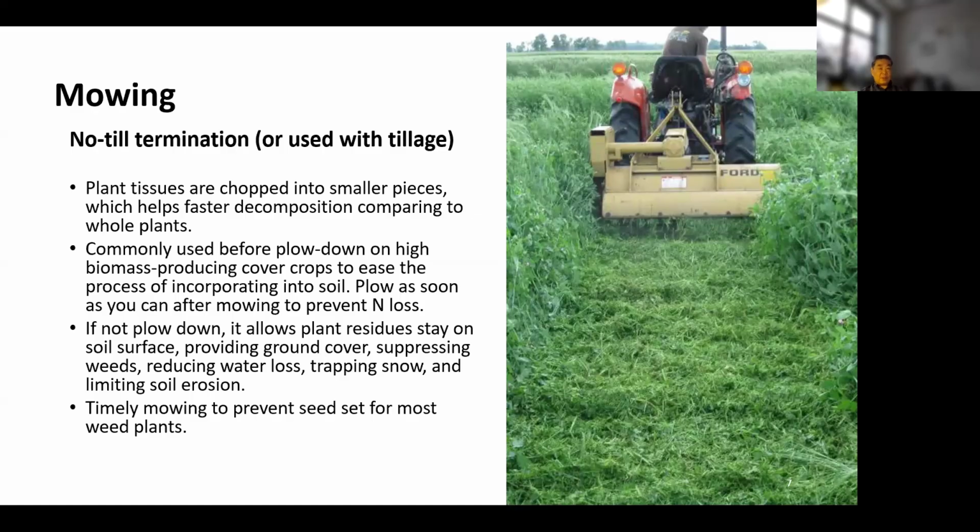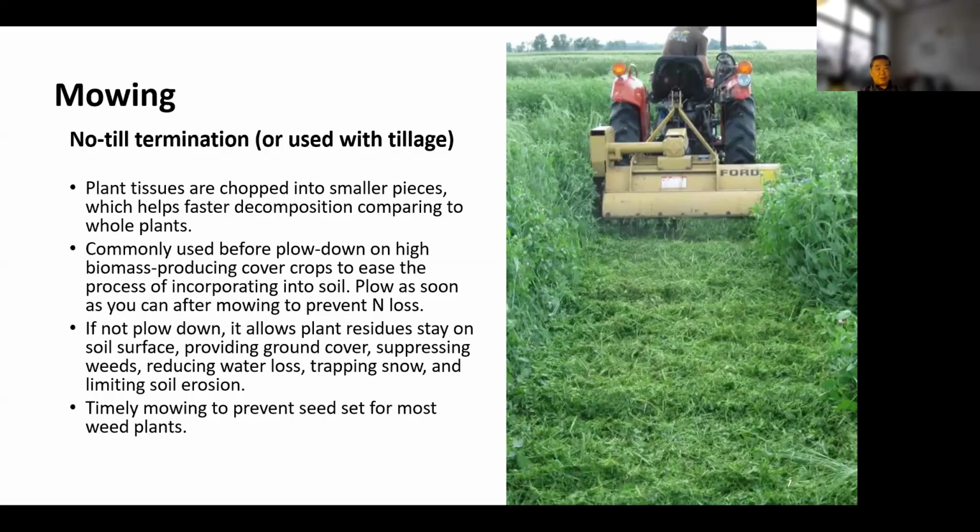Because if the plant is too tall and you use a plow down, it's really hard to drag this through. When you do this mowing first, it will be a lot easier. But remember to plow as soon as you can after the mowing practice, to prevent nitrogen loss.